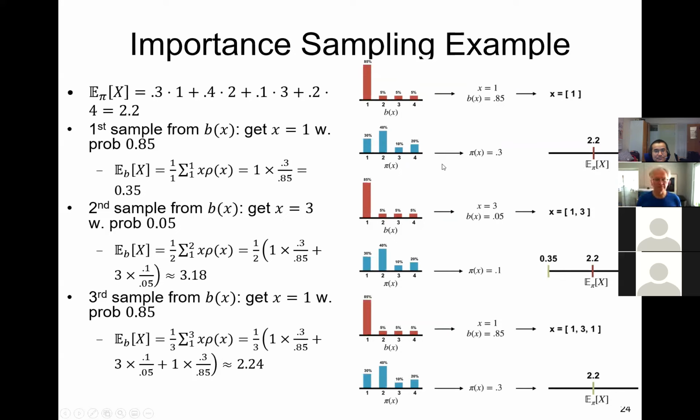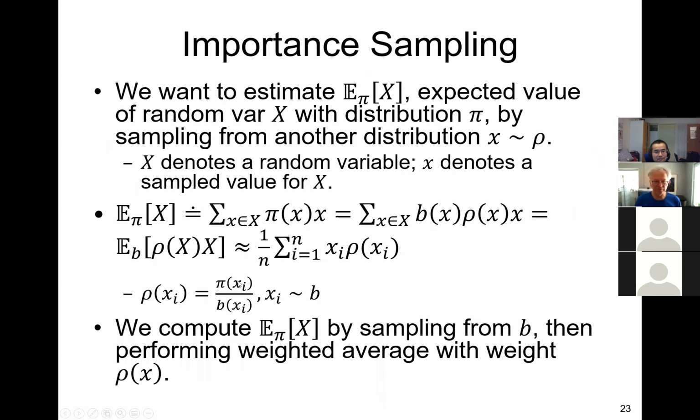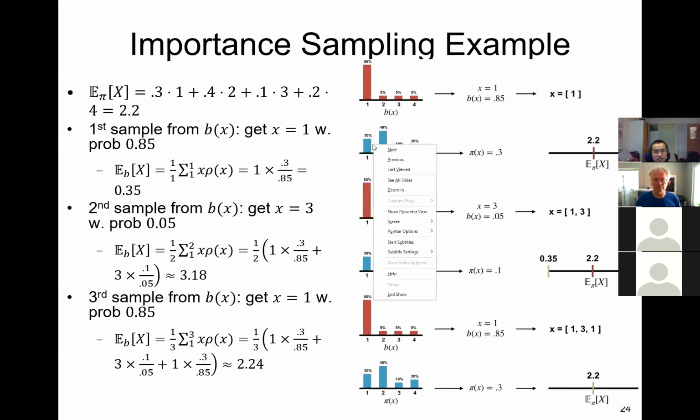But we sample from b instead to evaluate E_pi[x]. We draw the first sample from b. Suppose we get x is 1 with probability 0.85. So the E_b[x], based on the formula, is only a single item, and rho is pi(xi) over b(xi), which is 0.3 divided by 0.85.